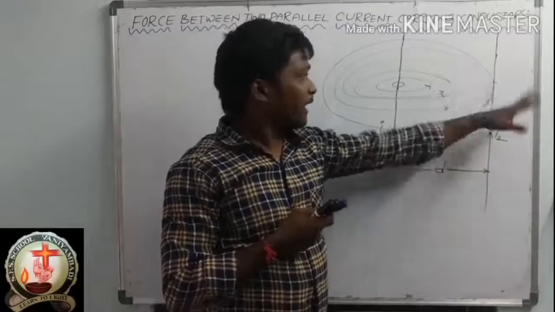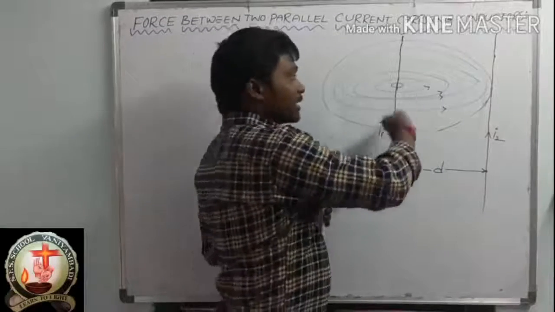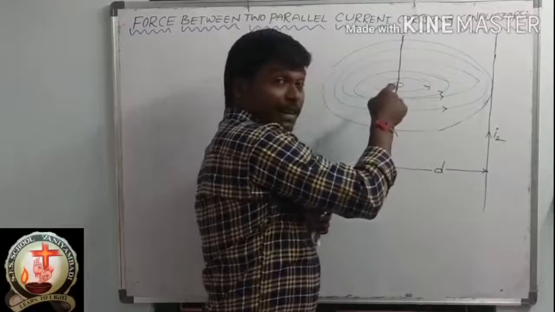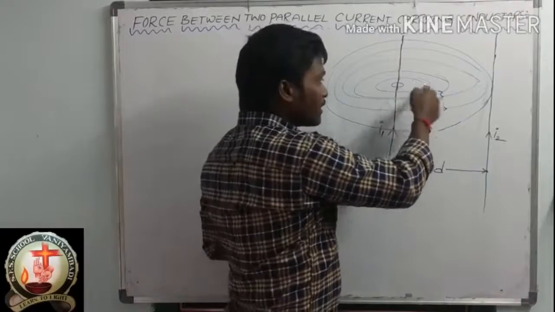First of all, forget about this; take this one only. This is the current carrying conductor, producing a magnetic field.